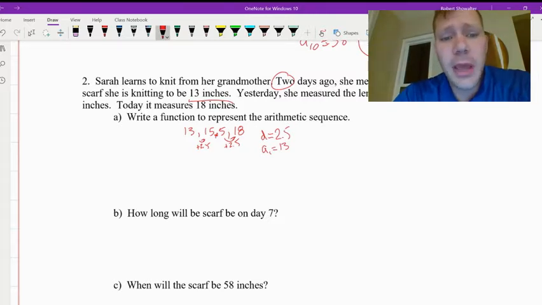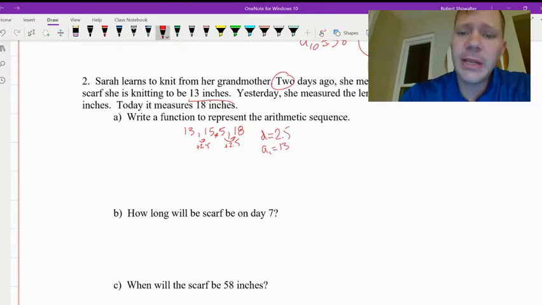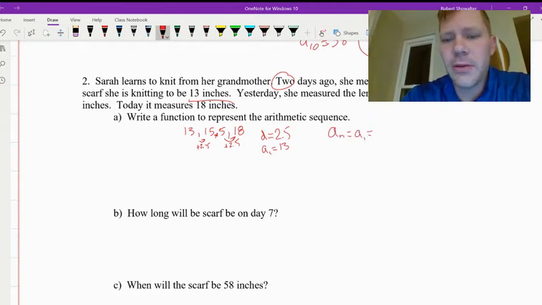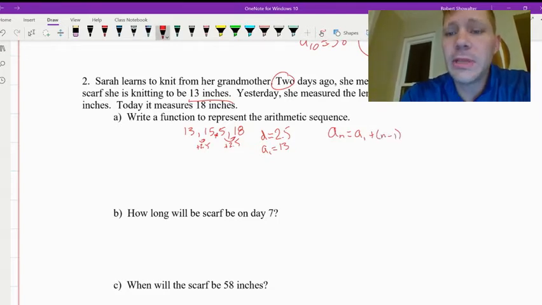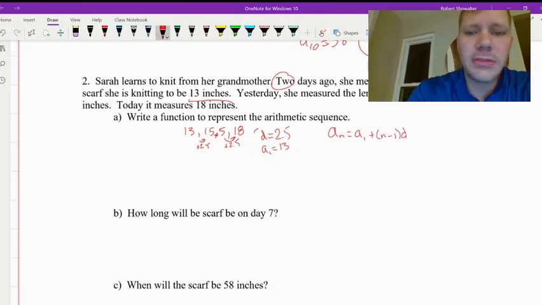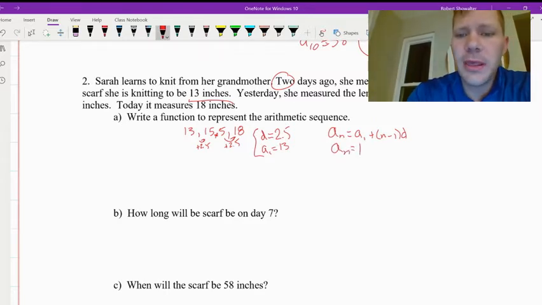Now, if we are writing a function to represent the arithmetic sequence, we're going to use our closed form for arithmetic sequence, or our explicit rule, as a formula. We're going to put these two pieces in and simplify it. So a sub 1 being 13, we leave the n minus 1, d being 2.5, and now we continue by multiplying this in.